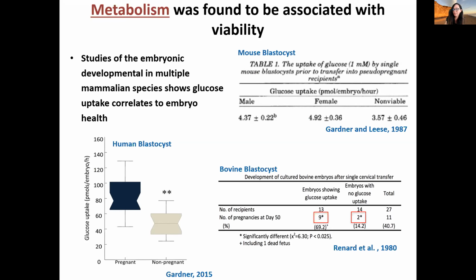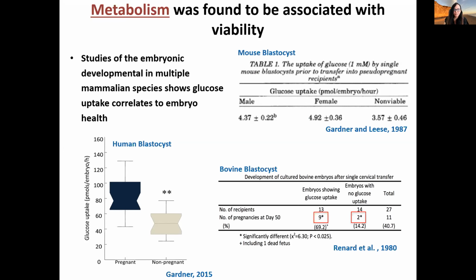It was hypothesized that if you were able to extract the media that embryos were grown in and quantify the amount of glucose that was left in the media and the metabolites that were produced by these embryos, you can quantify whether the health of the embryo was good or not.